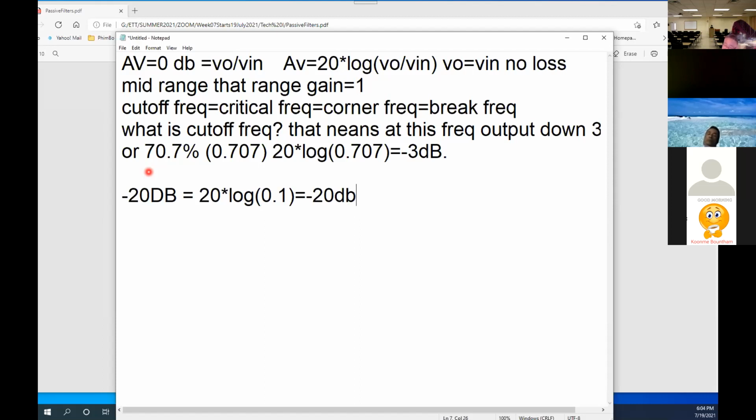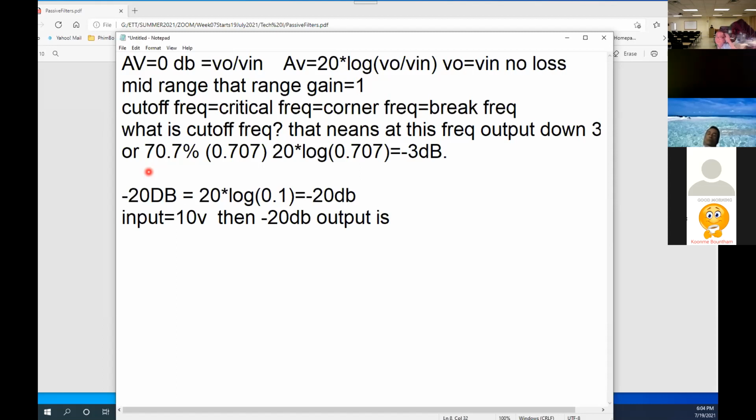Okay, so for the input equal to 10 volts, they go down 20 dB, minus 20 dB. Output should be how many?